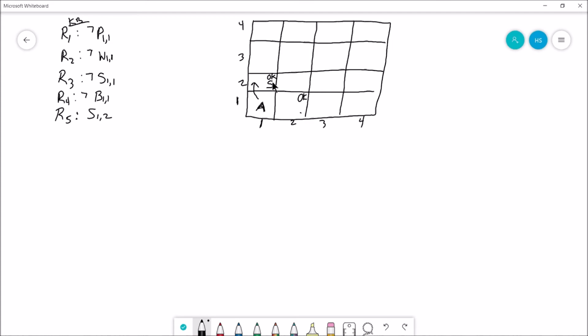Okay, so now at this point, if I perceived a stench, then based on the rules, remember we had a rule that said, based on how the game's played, that you have a stench if and only if there's a Wumpus in an adjacent square, right?